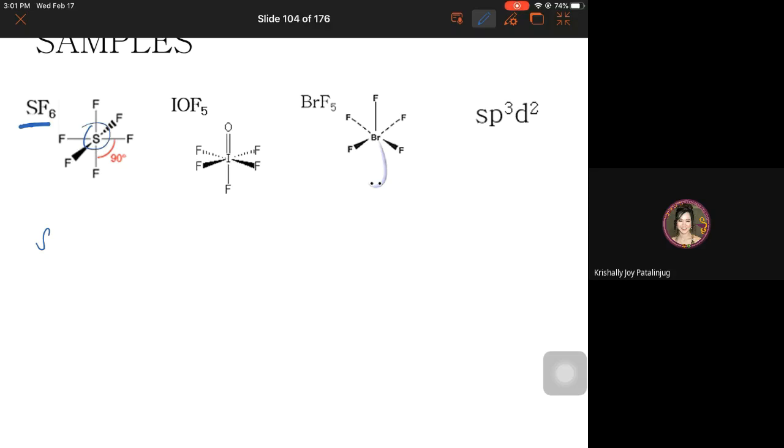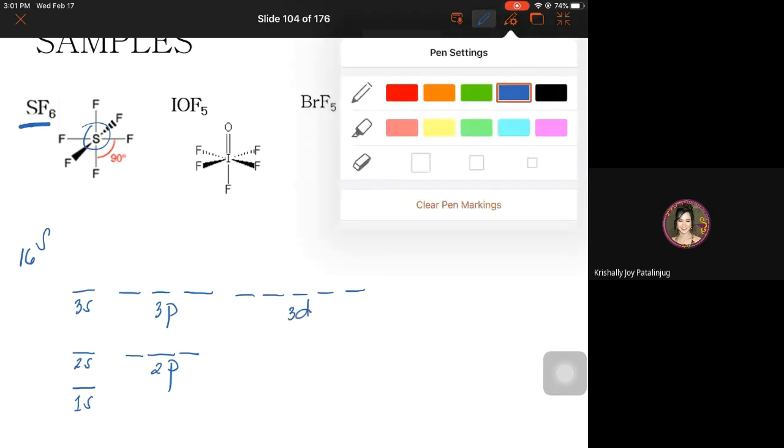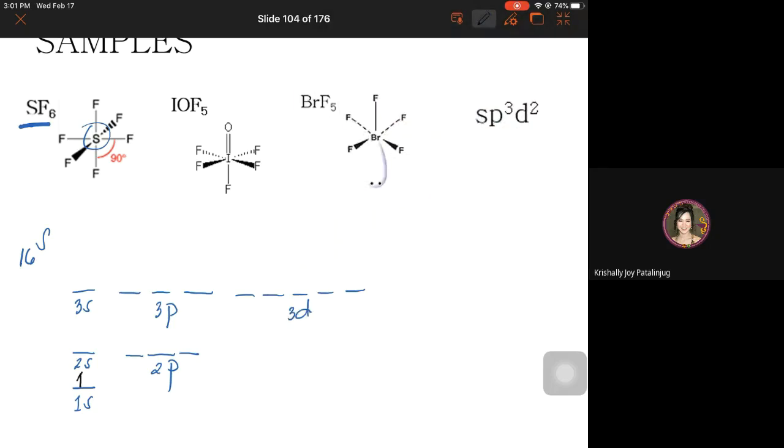Let's first find out the distribution of electrons of sulfur. It has a total of 16 electrons. So we have 2s, 2p, 3s, then 3p, 3d. Distribute 16 electrons.